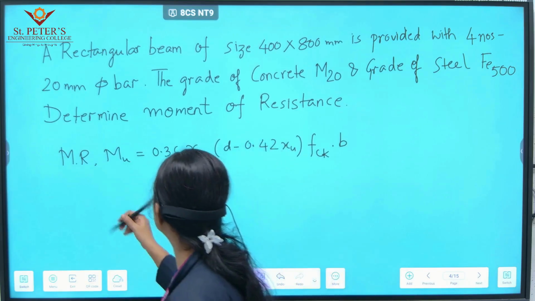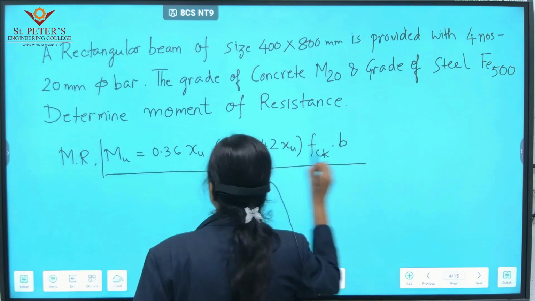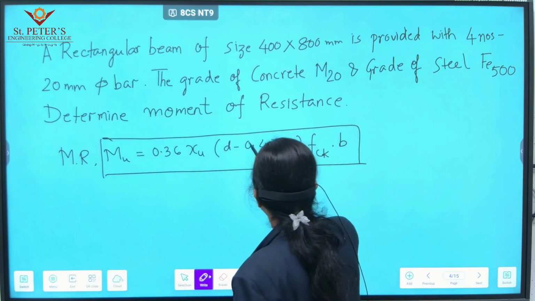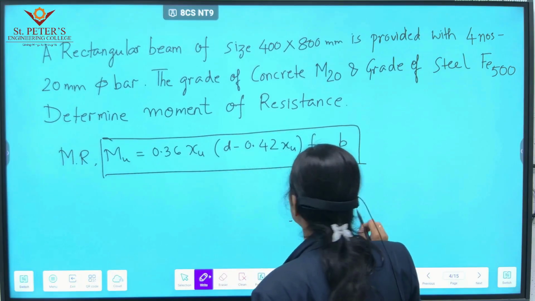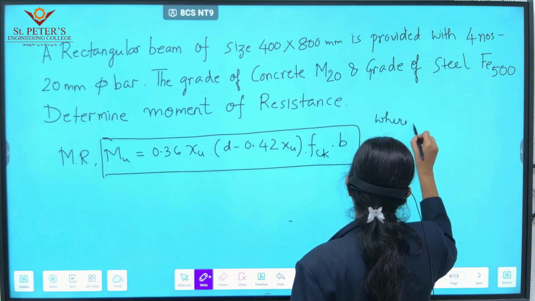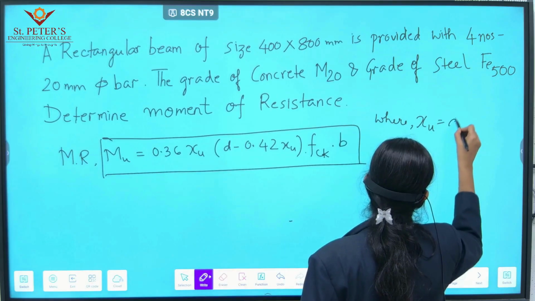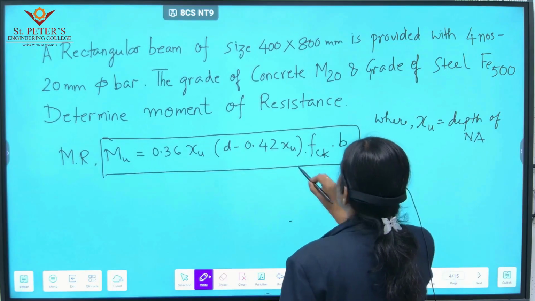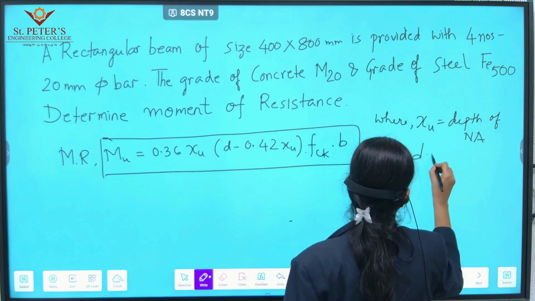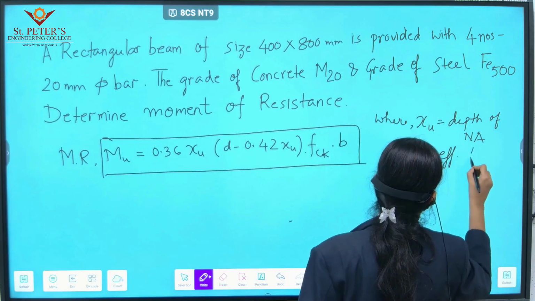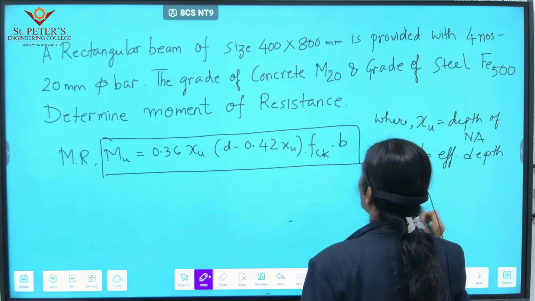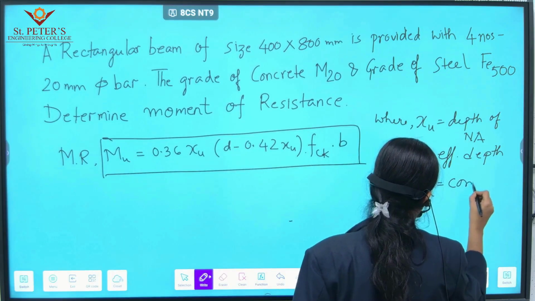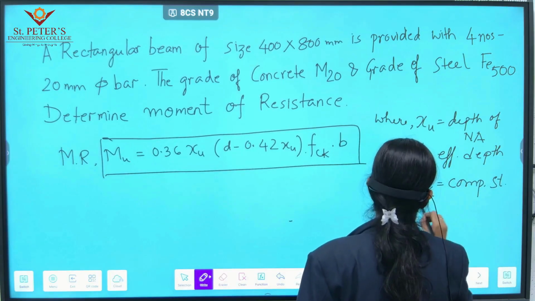For moment of resistance, we have a formula: Mu is equal to 0.36 Xu into (d minus 0.42 Xu) into FCK into b, where Xu is the depth of the neutral axis, d is the effective depth of the beam, FCK is the compressive strength of concrete, and b is the width of the beam.